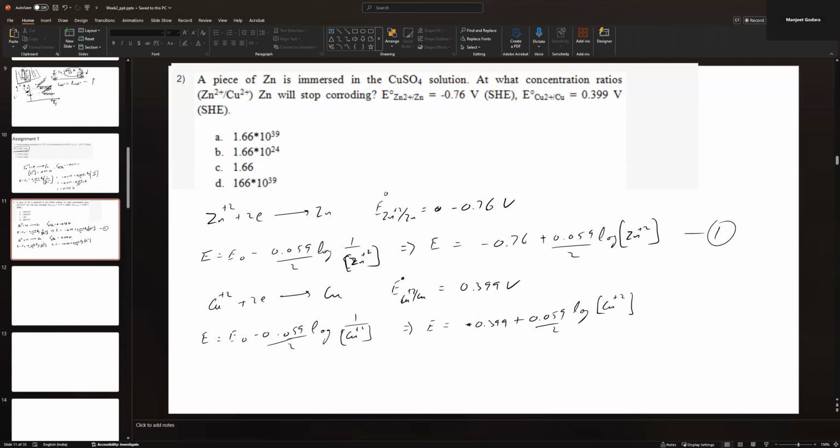For corrosion to stop, the equilibrium potential for both these reactions should become equal.